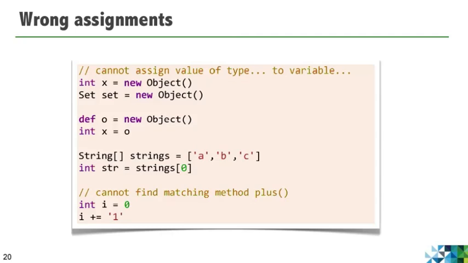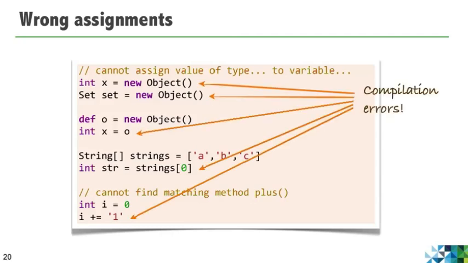And also at the end of these snippets of code, you can see that I'm trying to add a string to a primitive type, and again, the compiler will complain here. So if I show you where the compilation errors will take place, the arrows will tell you where you'll get compilation errors.